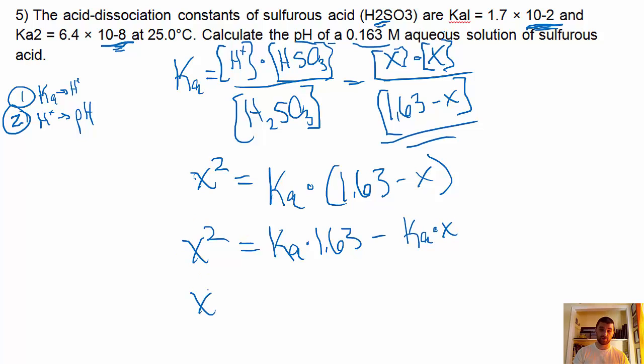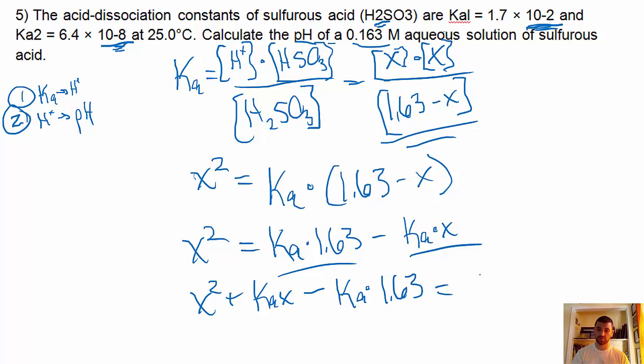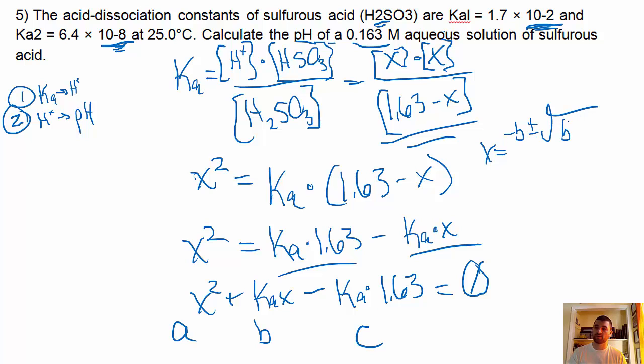I get X squared plus Ka X minus Ka times 1.63, and that's going to all equal 0. So now I've got my aX squared plus bX minus c set up, where I can use the quadratic equation, where x equals negative b plus or minus the square root of b squared minus 4ac, all over 2a. And I'm going to get one x value that makes sense.